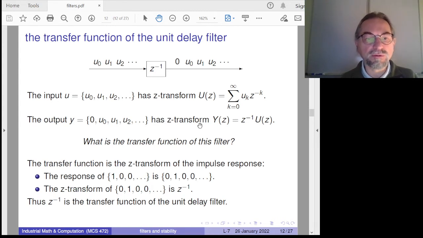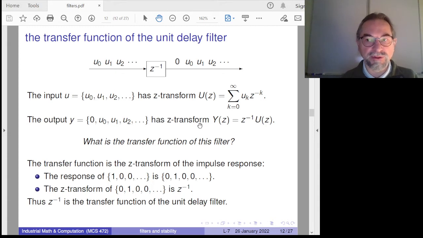Well, z to the power -1 is the transfer function of our unit delay filter. So here I do this with the definition. What does the unit delay filter do to the impulse response?